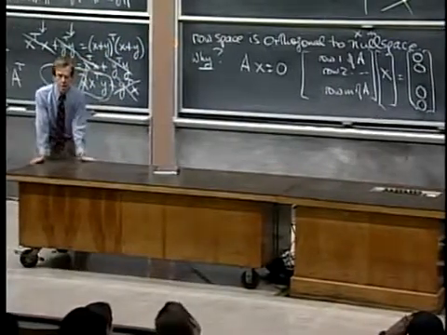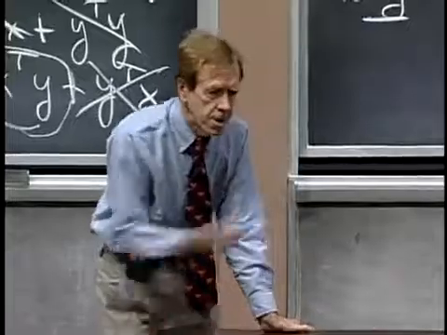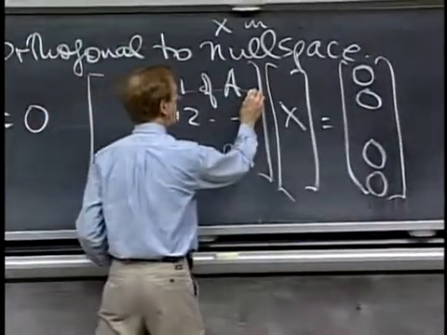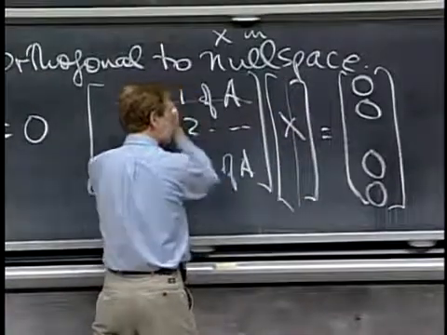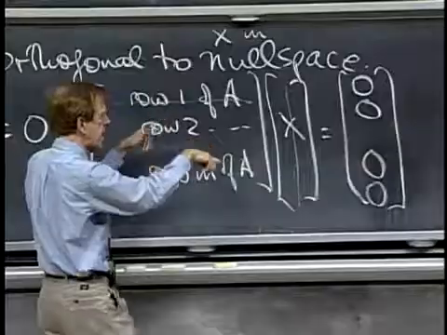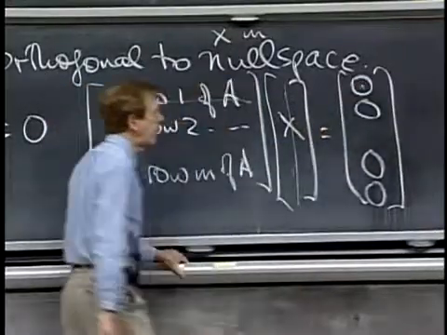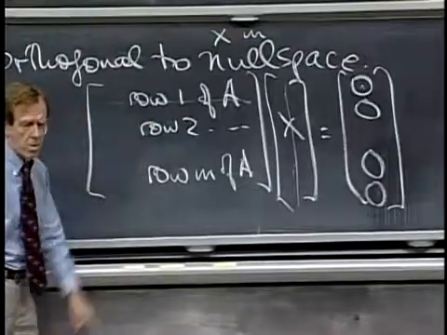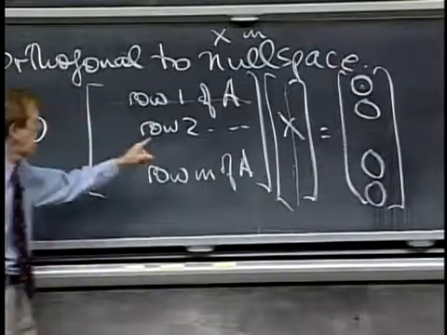And do you see why? Because this equation is telling you that row 1 of A multiplying, that's a dot product, right? Row 1 of A dot product with this x is producing this 0. So x is orthogonal to the first row and to the second row.